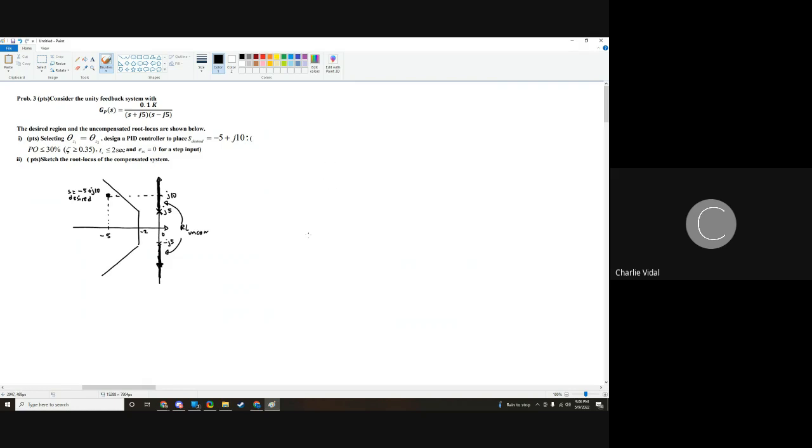So for this problem, okay, so we have two x's over here. Now in this problem, this one's an interesting one. For PD, we were just placing a 0, right? We were just placing a 0 somewhere in the graph to kind of get it into the desired region.